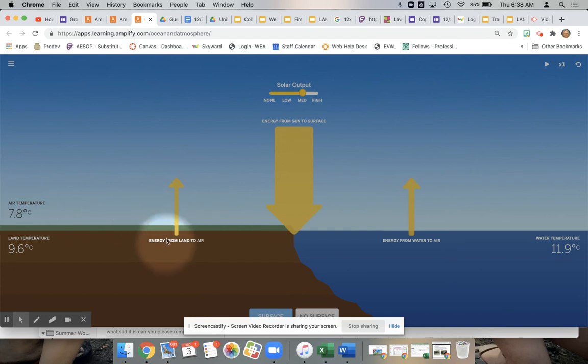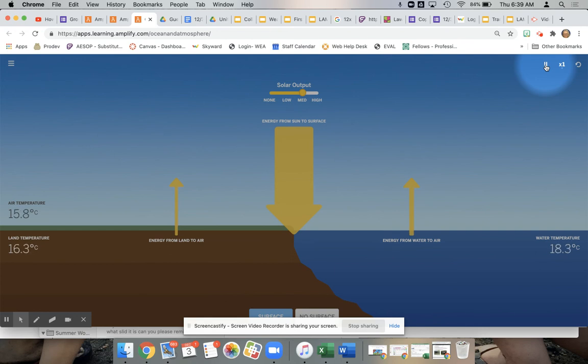We also have this arrow here and here that was not there before. This is saying energy from land to air. So something about the molecules in the land and the molecules in the water are giving heat energy to the molecules in the air. Let's continue this simulation and see what happens to the temperatures.